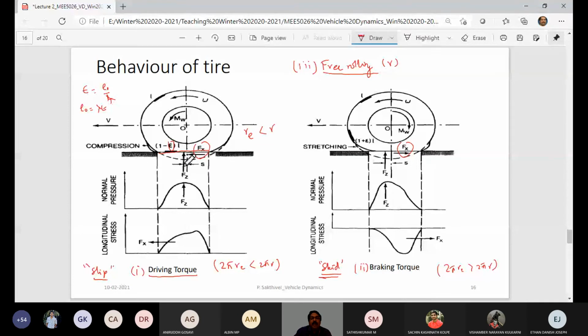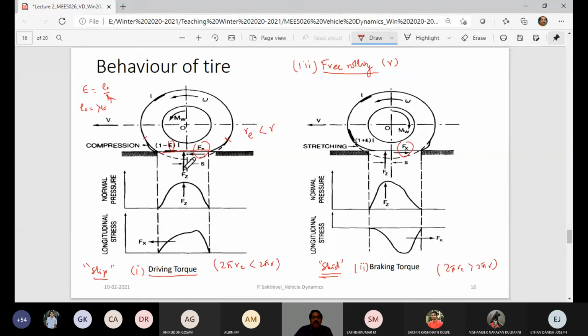When driving torque is applied, you have your loading, and unloading will not be on the same path as the tread goes like that and comes back. Loading means under compression. Beyond this point till this point, the tread is not experiencing anything. But as it is going to enter your contact patch, it is under compression, so it is under deformation. Also you see the sidewall will accordingly have a shear deformation. That we will see later.